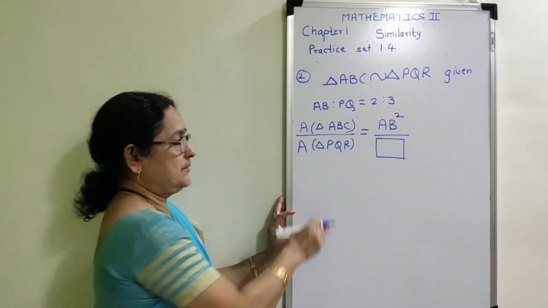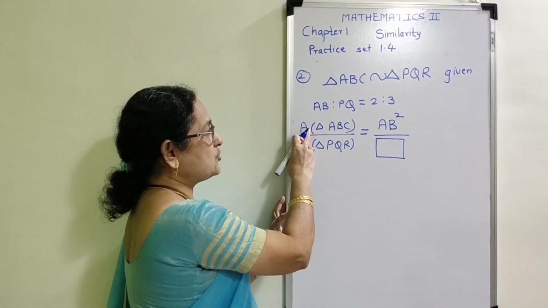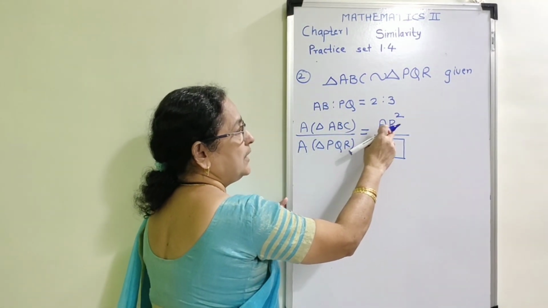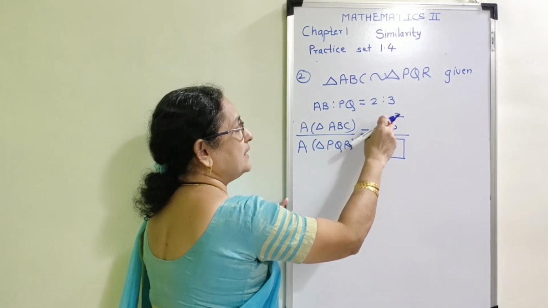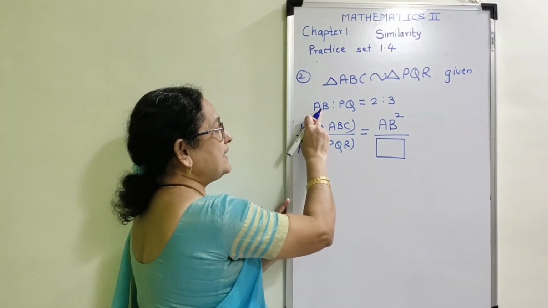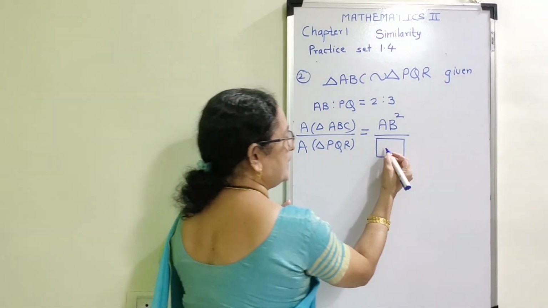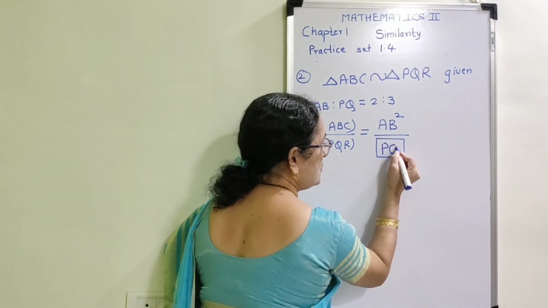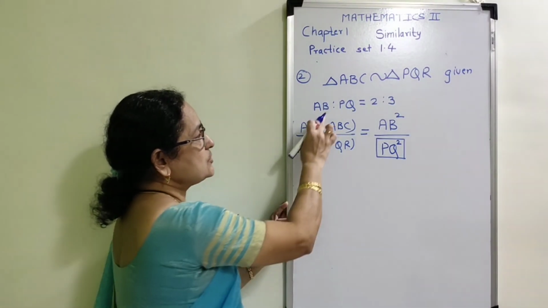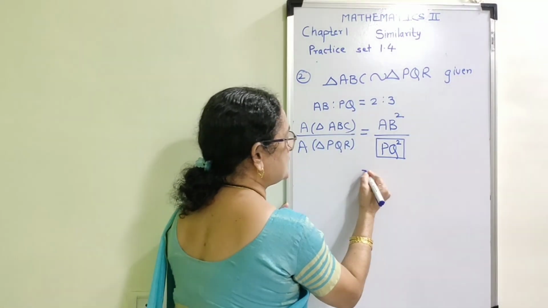Now we know the theorem that the ratio of areas of two similar triangles is always equal to the ratio of squares of their corresponding sides. Since side AB is given, the corresponding side is PQ square. Now, they have given the ratio AB upon PQ as 2:3.